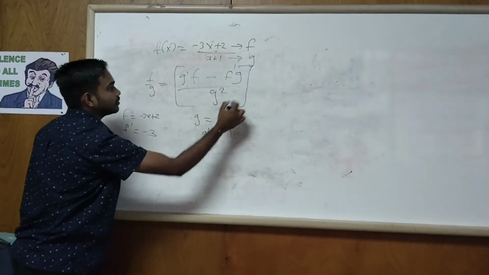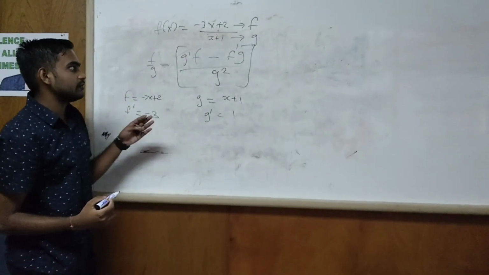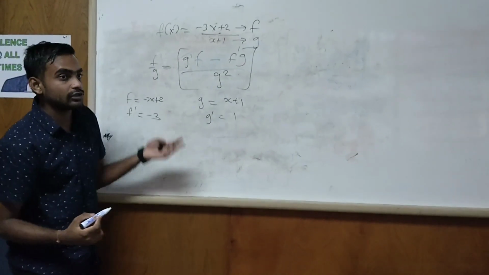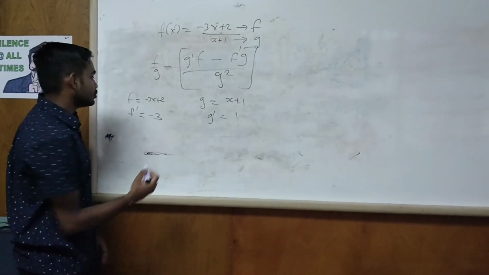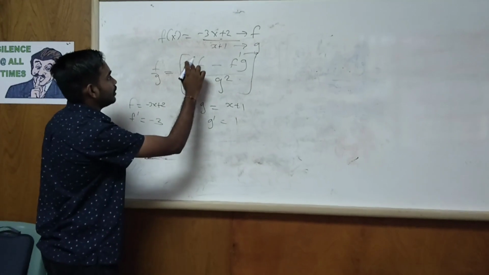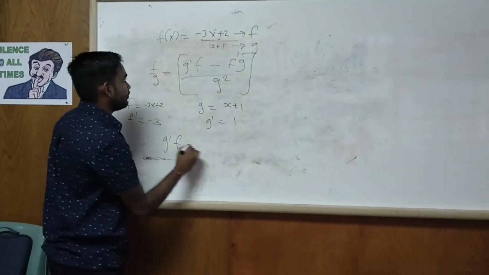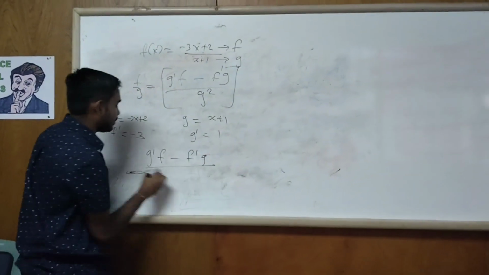equation. The equation should drive you, don't drive the equation. Otherwise, if you drive the equation, you're going to get wrong answers. So it is f dash g minus f g dash, divided by g squared.